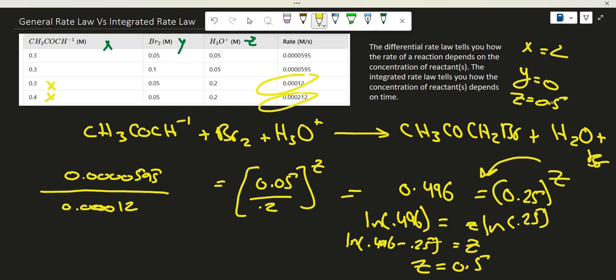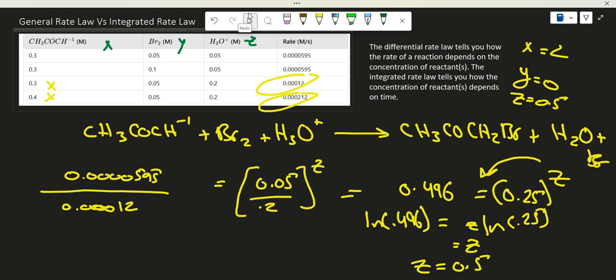Okay, natural log of 0.25 minus 0.496. So there's a problem here: I made a small mistake, which is that you cannot do this. This property is done wrong because you need to have both arguments inside the natural log.